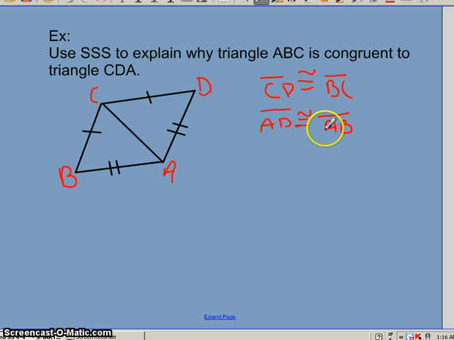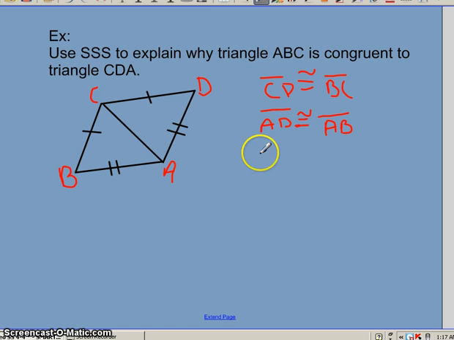So that's both given to us in the diagram. So what we're missing is this one side that the 2 triangles share, so that we'd have all 3 sides congruent, and we could just use side, side, side to say that the 2 triangles are congruent.